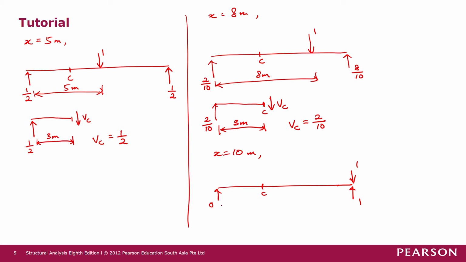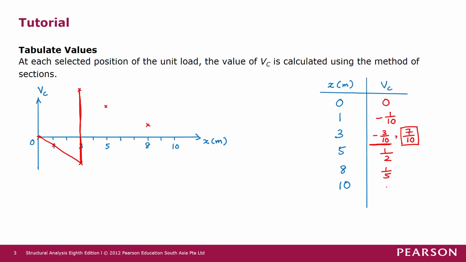And point C here is at 3 meters away. So if we cut across section C and isolate a free body diagram, this is 0, this is 3 meters. So in this case VC equals 0, so we have 0 here.